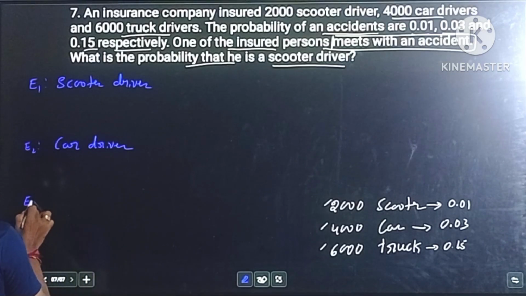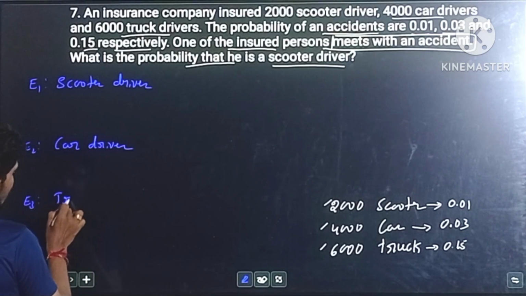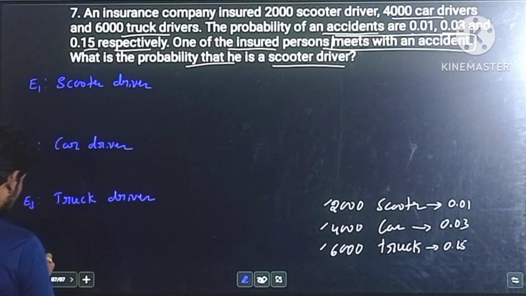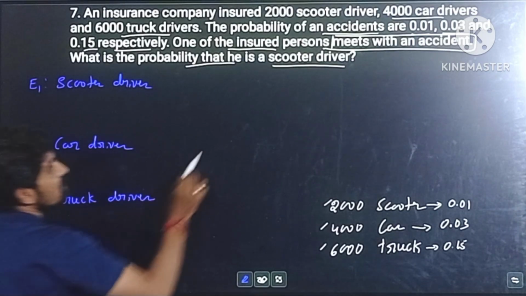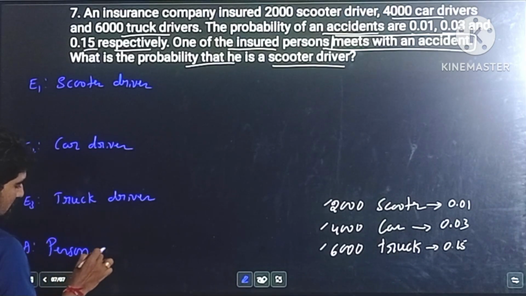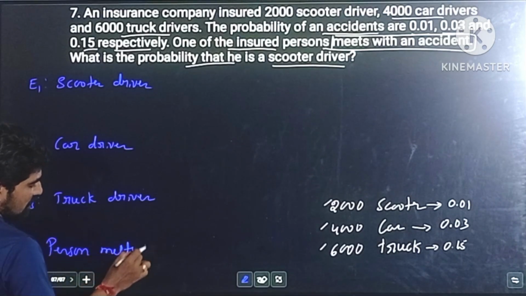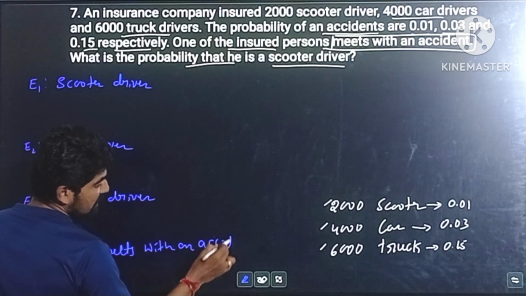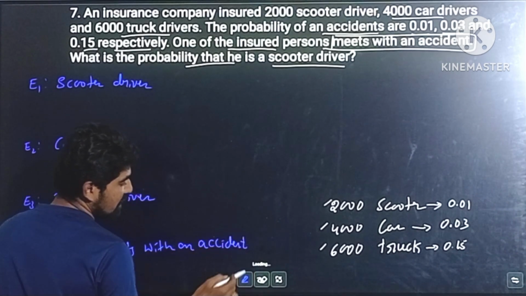And the third event E3 is, suppose he is a truck driver. And the given event A is that the person meets with an accident. I hope all of you understand.